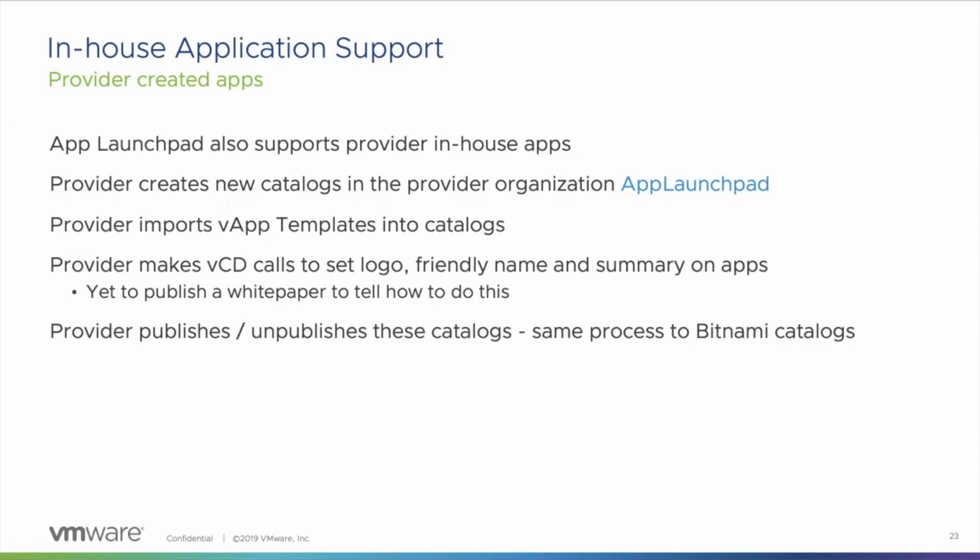Now we will be publishing some sort of documentation, which may take the form of a white paper or a blog, which would walk through this process of how to take in-house applications and give them that marketplace look and feel. Then it's the same process for Bitnami applications in terms of publishing those catalogs to the provider's tenants.